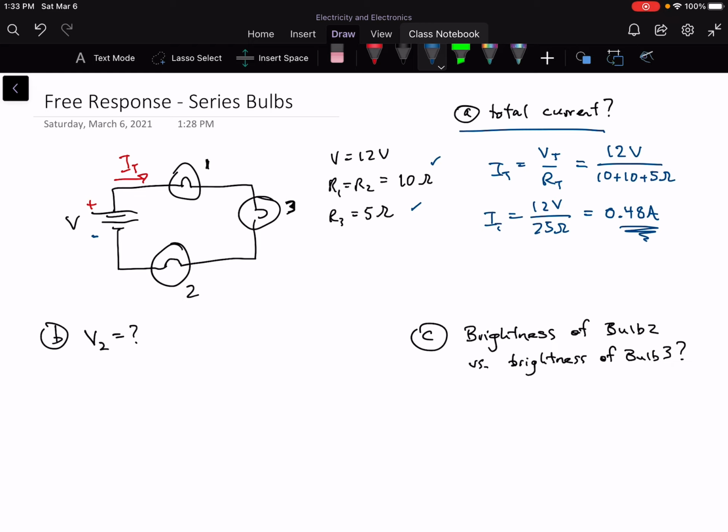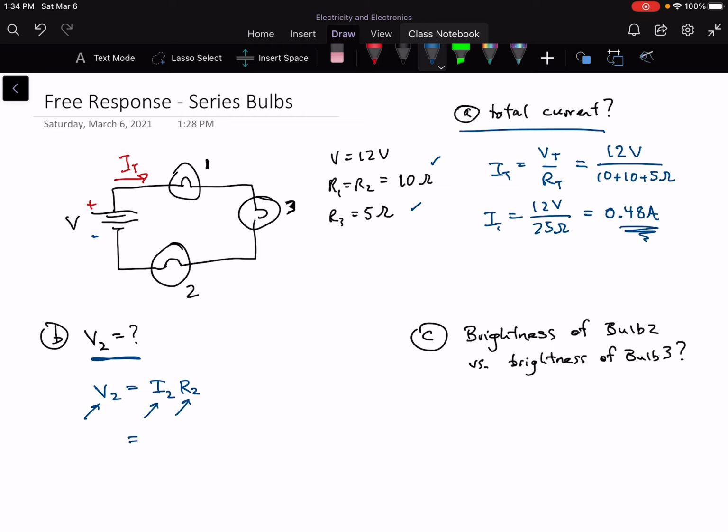Part B asks for the voltage drop across bulb 2. In other words, what is V sub 2 in the usual notation that we use? Okay, well, Ohm's law is going to be our friend again. I'm writing this so that we're clear that if we want the voltage drop across number 2, then we need the current through the second bulb, and we need the resistance of the second bulb.